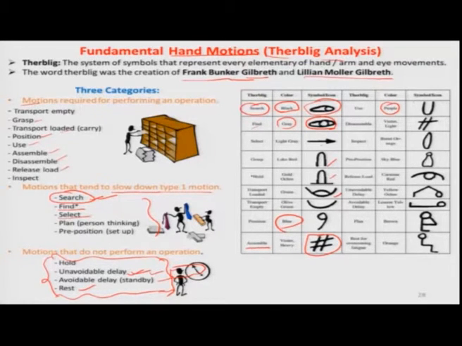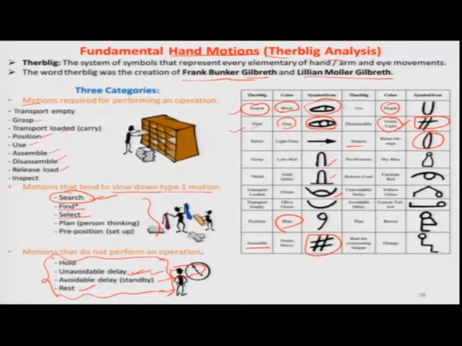If you are doing a disassembly, but yes, in most cases these are the standard color codings, so everybody can understand. Okay. If you are disassembling something, the symbol will be like this one; inspection, this one. So these are the various operations, and each has a specific color code with its symbol.